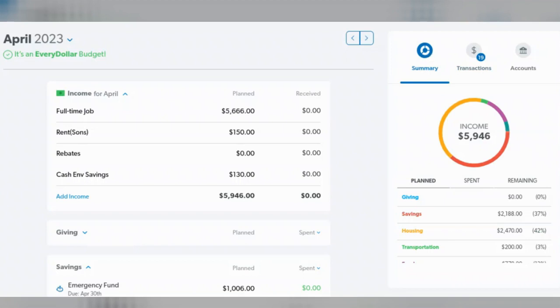And then for April, my savings is a lot less. I believe it's 21.88, so about 37% of my income going to savings, which is pretty good. I'm not too sad about that. I'll take it. I'll take whatever at this point because I got to pay taxes. So that is what it is.